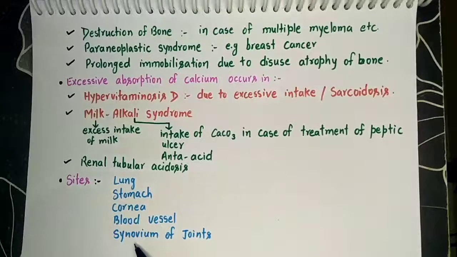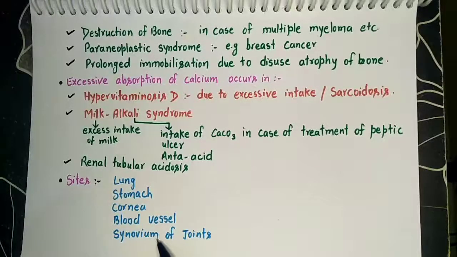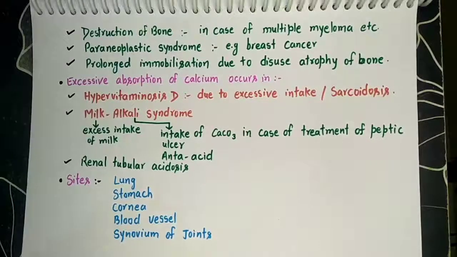And the other one is the synovium of the joint. Synovium is actually a jelly-like substance present between the joints, and the importance of this synovium is that it reduces friction during the movement of the joints. So, synovium is necessary for frictionless movement of the joint.